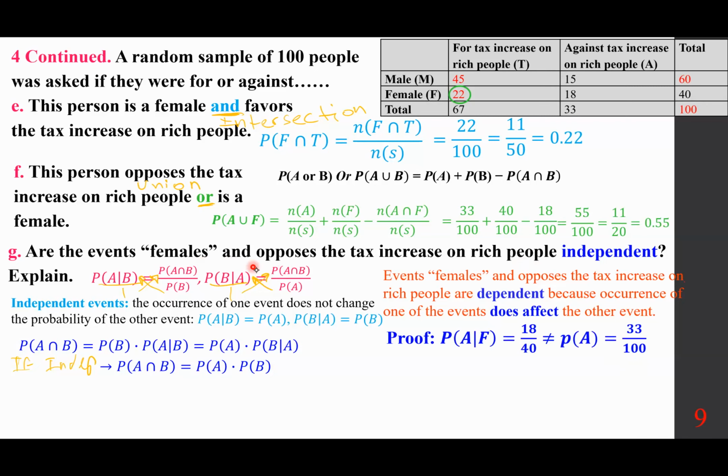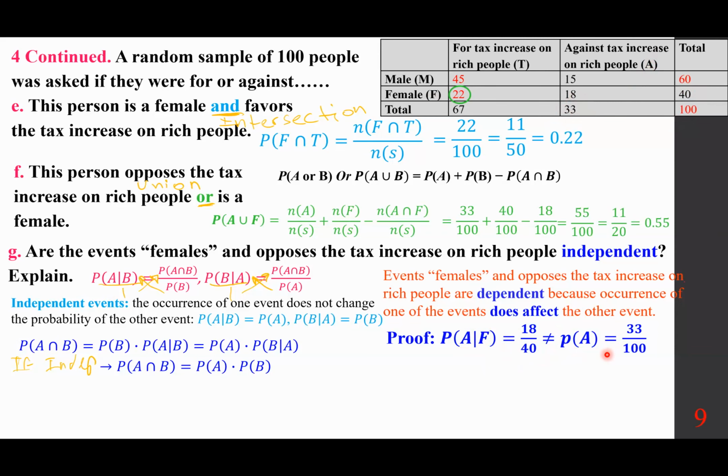Probability of A given F, because remember, F stands for females, those who are opposing A. Probability of A given F. F comes after the given, so the total size now shrinks to 40. And how many of the F's are also A's? 18 over 40. Is this equal to probability of A? What is probability of A? 33 over 100. If they are identical, they are independent, but they are not.